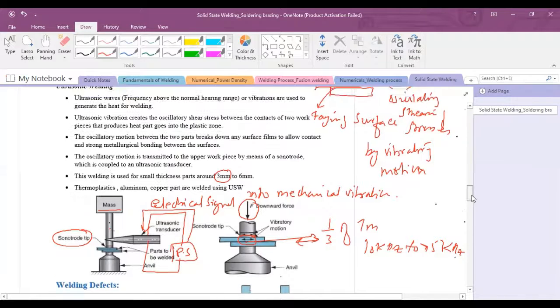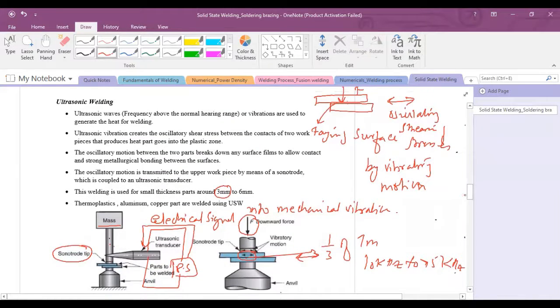This ultrasonic welding is highly used in industries, but it requires moderate skills to operate the apparatus. This is all about ultrasonic welding.